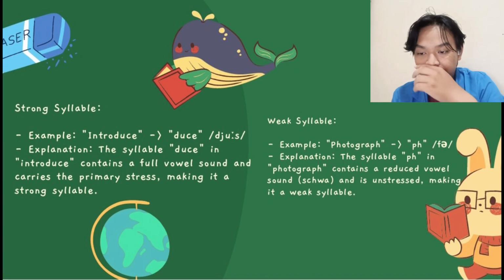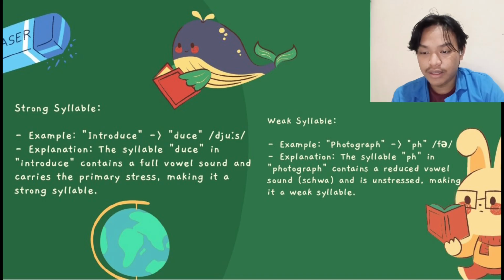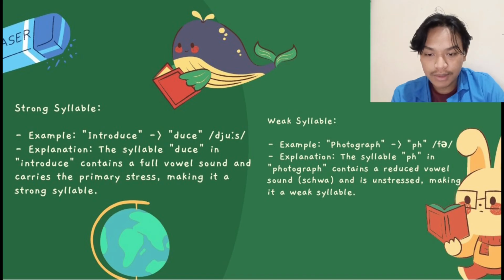The syllable deuce in introduce contains a full vowel sound and carries the primary stress, making it a strong syllable. For weak syllables, example, photograph, the p in explanation. The syllable p in photograph contains a reduced vowel sound, schwa, and it's unstressed, making it a weak syllable.